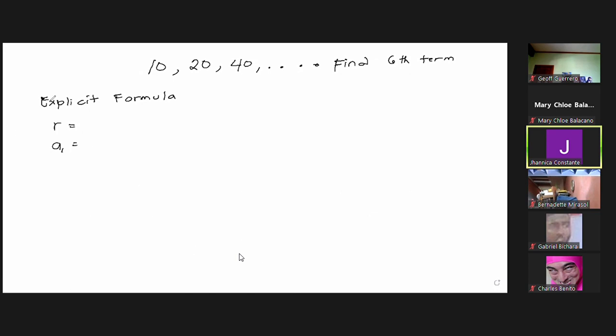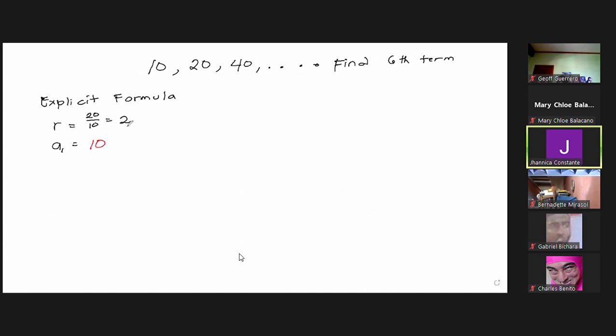The first term of our geometric sequence is 10. And what's the common ratio of our sequence? Yes, Chloe? 2. That's correct. The common ratio is 2 since 20 divided by 10 is equal to 2.